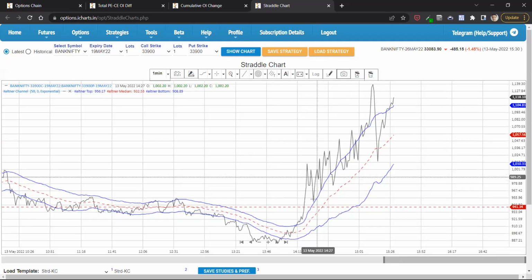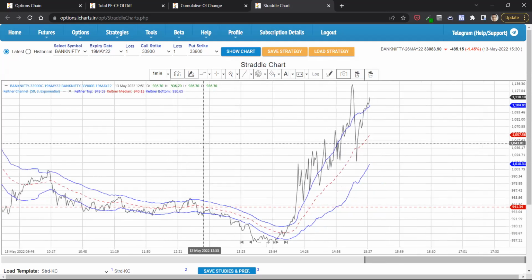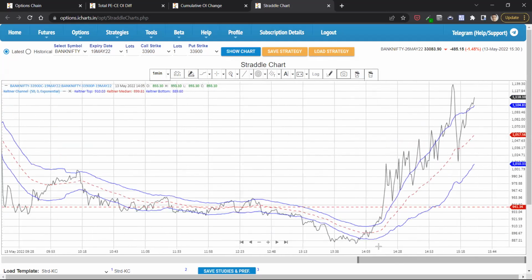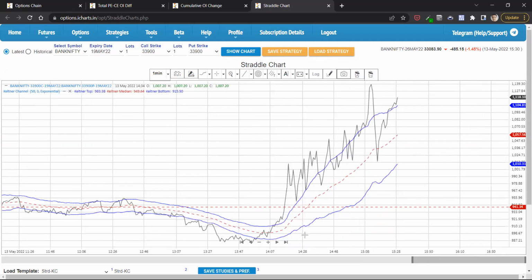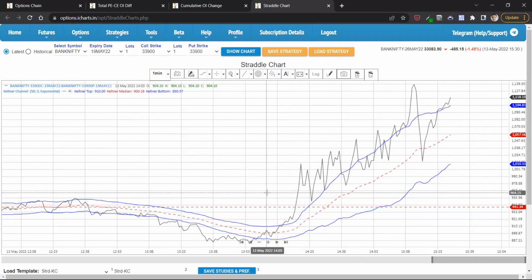Only if it shoots up do you really have a good trade. Otherwise, if you buy an option over here, what is the point? Very soon this is going to go down and your option buying is not going to work out. So in this graph also, around 14, 15 or so, it is telling that a big change is coming. Same around 1410, 1412. It is fine. 5 minutes here or there doesn't matter.